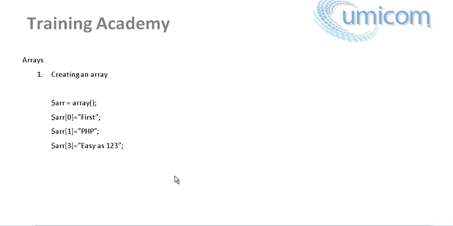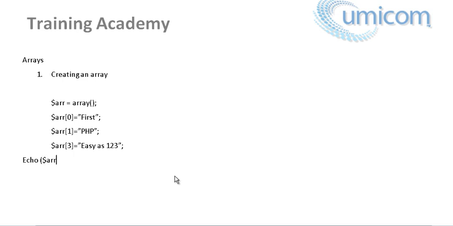So now we have 3 elements in the array, and we want to use the echo statement to echo them out. The way we will do that is as follows: echo, and just like we do with a normal variable, we can add it in brackets.